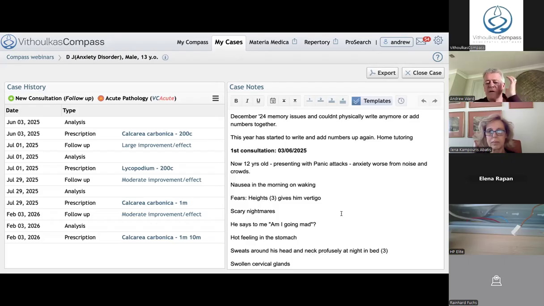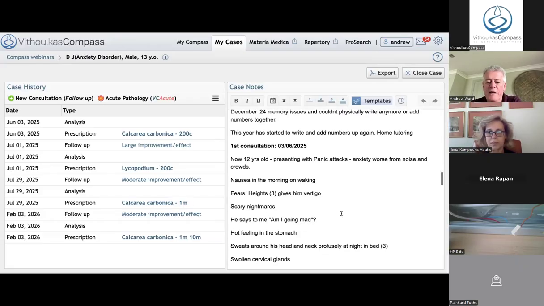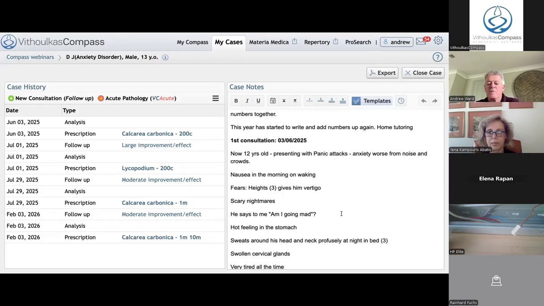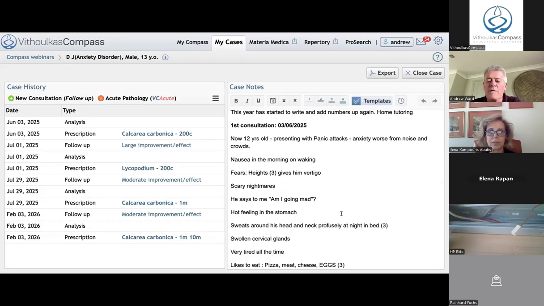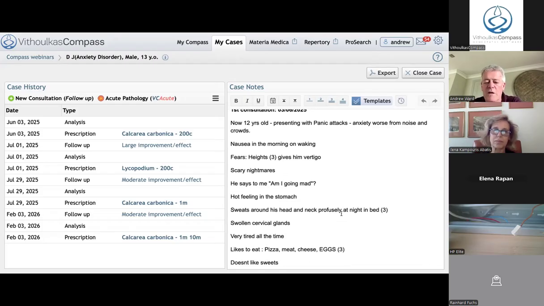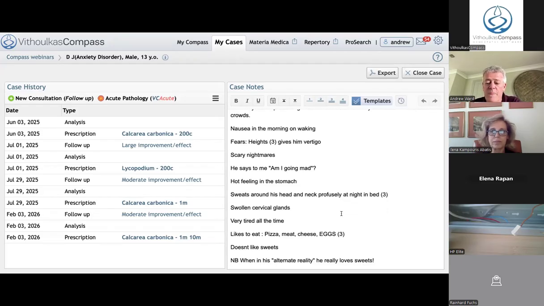Because of this situation he's in, where he switches between these personalities. Hot feeling in the stomach, strong sweating around his head and neck, profusely at night in bed, and swollen cervical neck glands, very tired all the time, likes to eat pizza, meat, cheese, and eggs, very fond of eggs, doesn't like sweets.